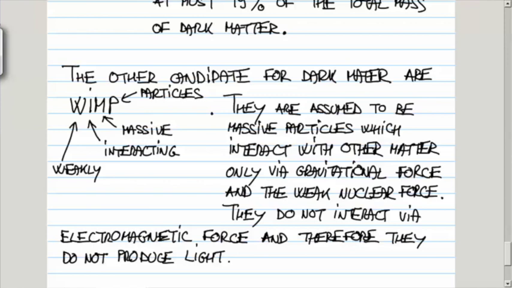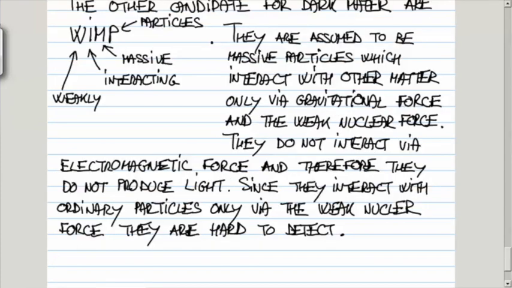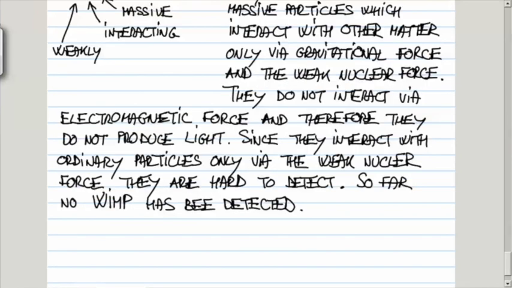But because they interact with ordinary matter only via the weak nuclear force, they are very hard to detect. It's possible, but it's difficult. There are several experiments throughout the world designed to detect these WIMP particles, and so far none has been detected. Okay? So in reality, we don't know what dark matter is.